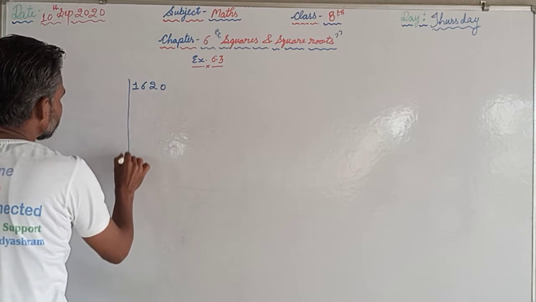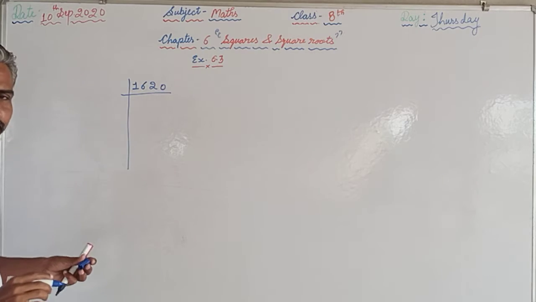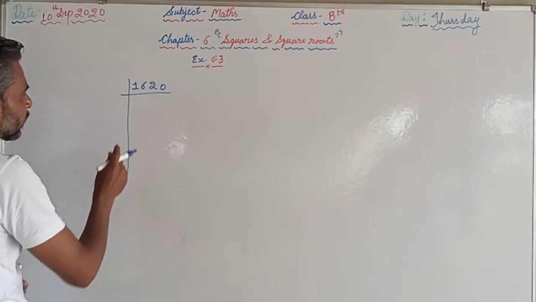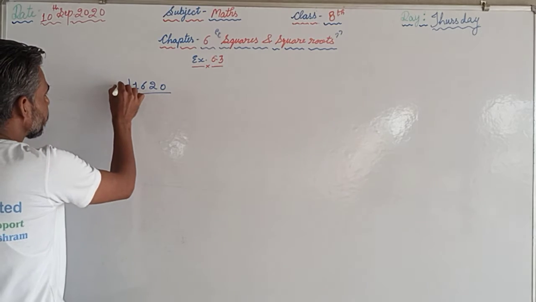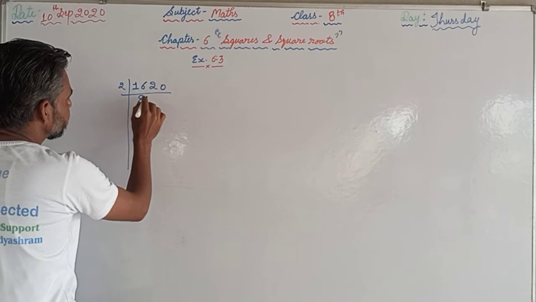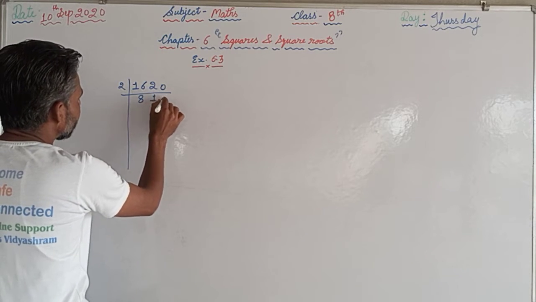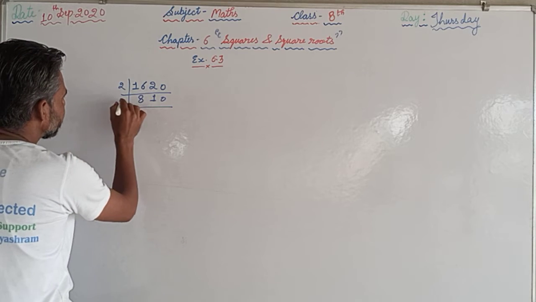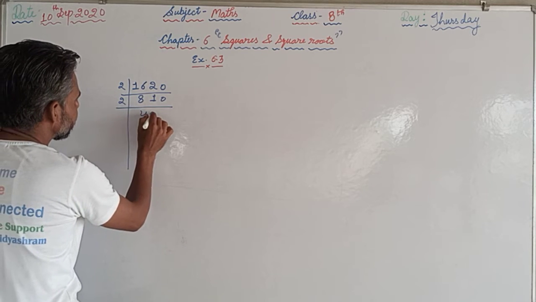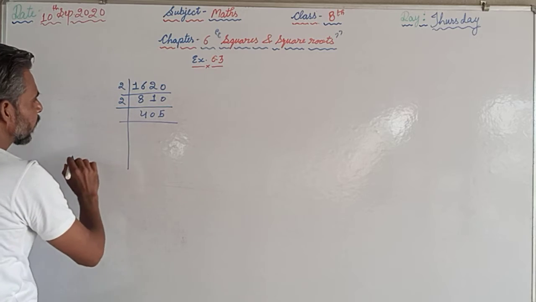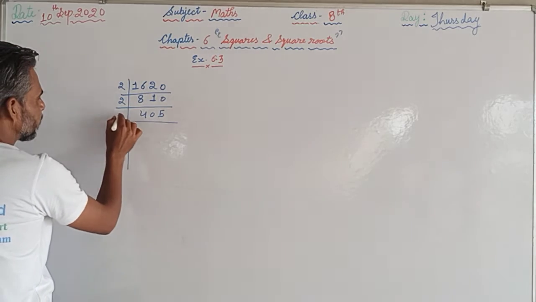1620. First of all we have to find the prime factorization of that. So this number can be divided by 2. 2 8s are 16, and 2 1s are 2 and 0. Afterward 2 4s are 8 and 0 5. Now this can be divided by 3.